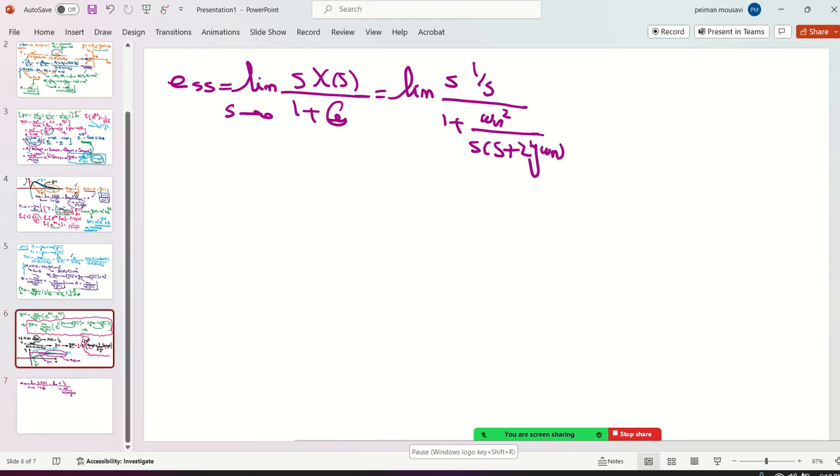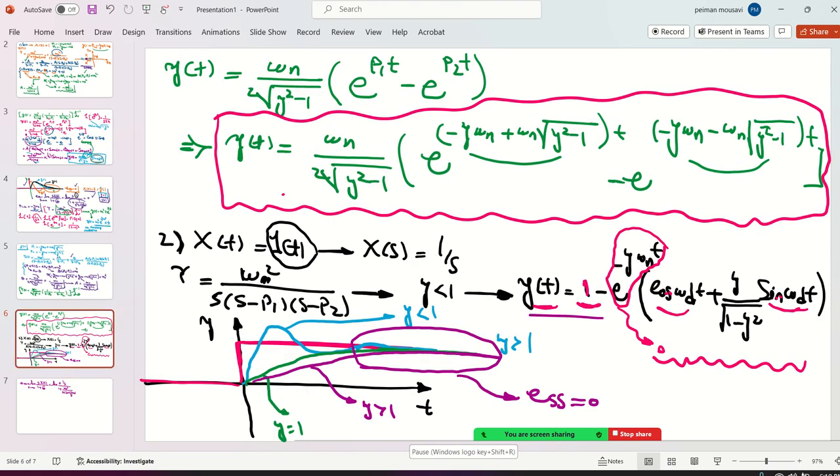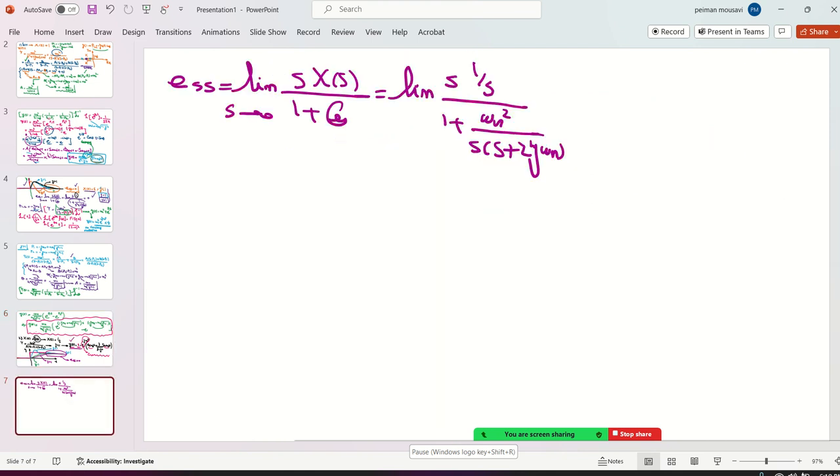Guys, I taught you this from my mind. Please look at your book to check if this is right. Actually, this is right, but for double checking, okay? So when s goes to 0, this s with this s goes away, gonna be limit of 1. Here you have s. Any number divided by s is infinity. 1 over infinity, 0.